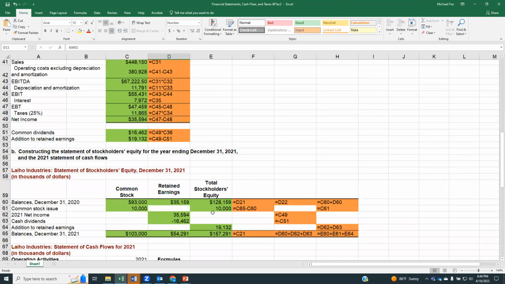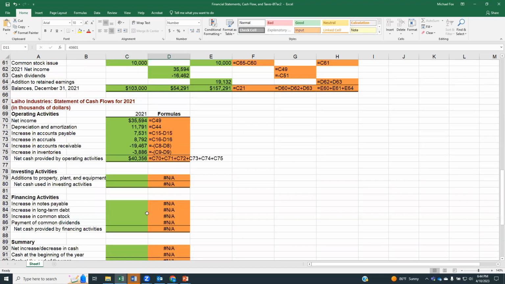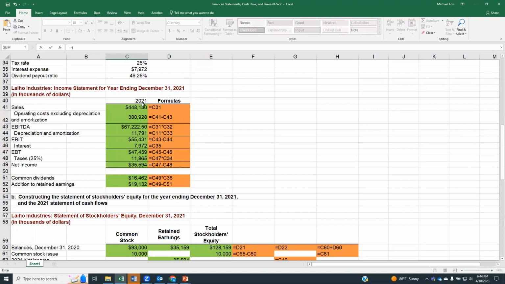Let's see, hopefully I didn't just make a mistake. I'm getting confused by all this now. I'm going to say this equals, and remember, since property, plant, and equipment are assets, we're going to do a negative. So when we increase our property, plant, and equipment, we are actually decreasing cash. We're paying money for that.